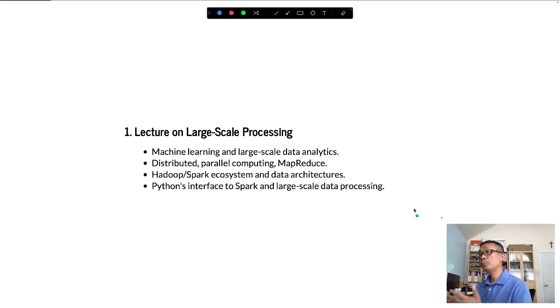So Hadoop and Spark are the popular ecosystems or infrastructures, platforms, frameworks, whatever you want to call them, for today's large-scale parallel distributed computing. And there is a Python interface to Spark for this purpose. So we'll focus on that in part one of the videos.